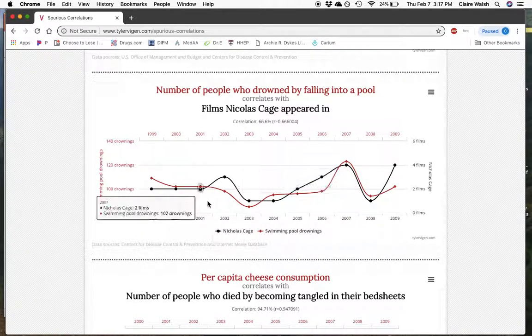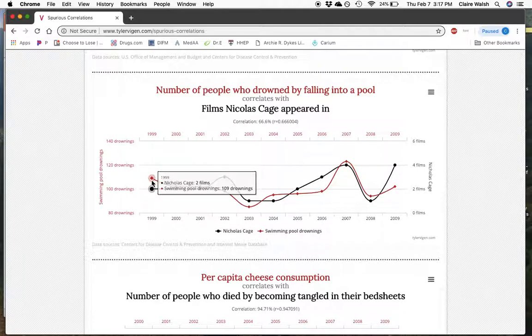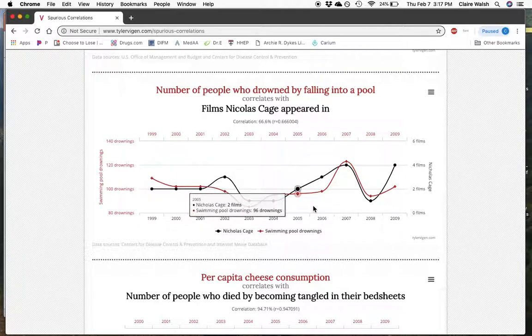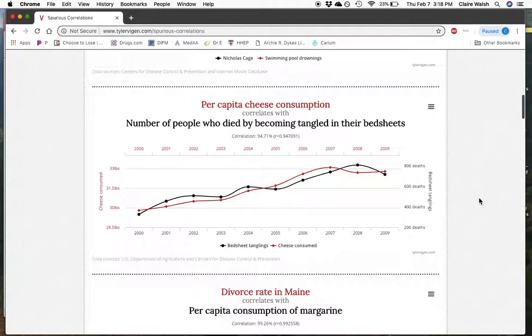That is a really strange correlation. You can see that the two lines, the number of films Nicolas Cage appeared in, is almost exactly equal over a 10-year period with the number of people who drowned by falling into a pool. Clearly, Nicolas Cage being in a movie has nothing to do with whether or not somebody is going to drown or fall into a pool. But they are very well correlated.